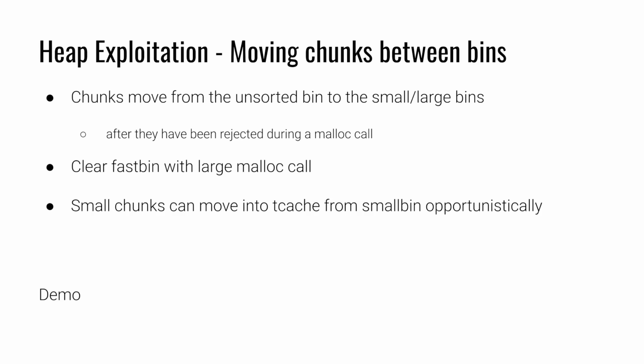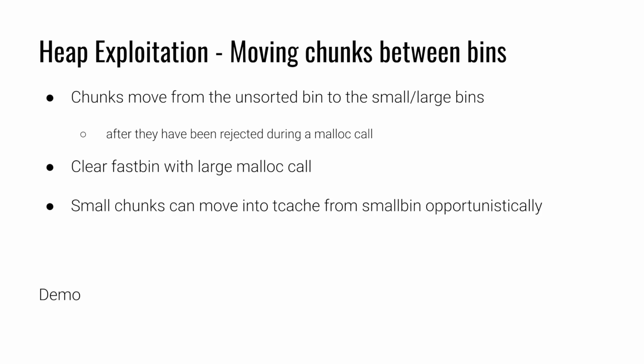Then we would take the 1,000 byte chunk, split it off, and return an 816 byte chunk, if it was an 800 byte allocation. We would put the remainder in the unsorted bin, and the super giant 10,000 byte chunk would be untouched. Remember, we only process the unsorted bin until we find what we need. So it is possible to make malloc requests to partially go through the unsorted bin, and you can use that to your advantage.